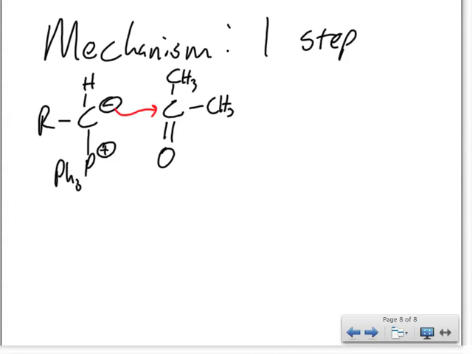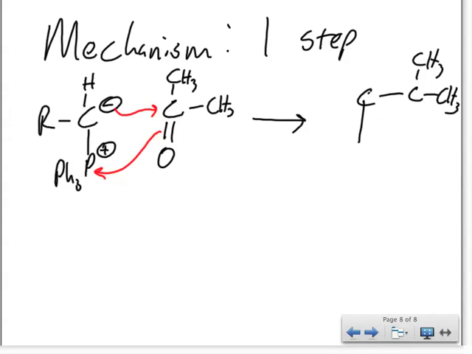So that would be going there, this coming here. That then would end up giving us our four-membered ring system. Then at this point, we get the rearrangement. Oxygen-carbon bonds going towards the phosphorus.